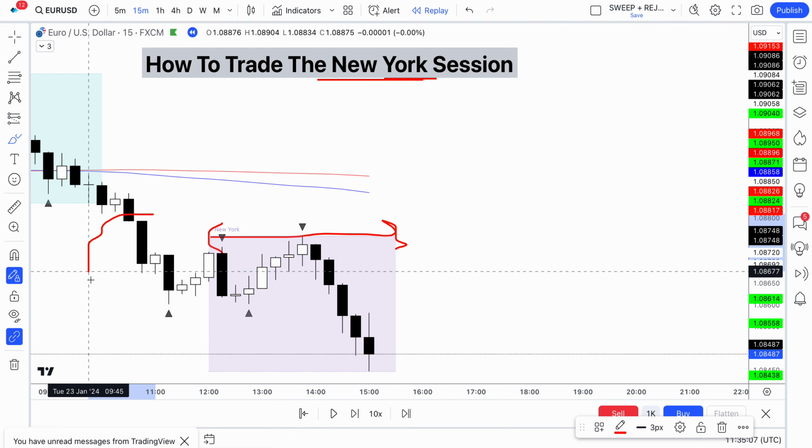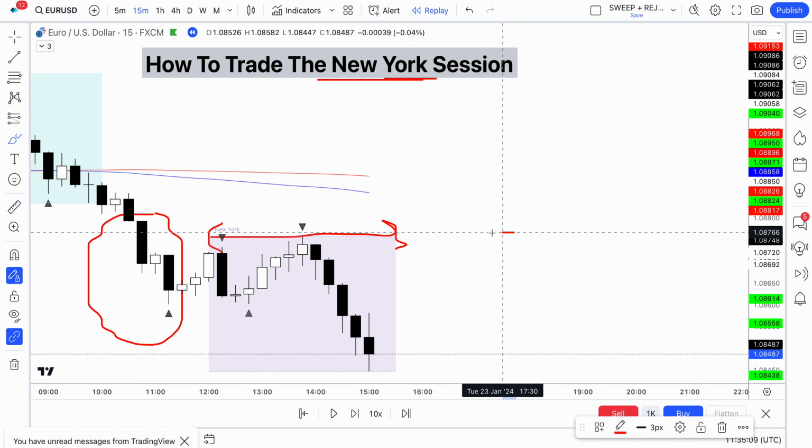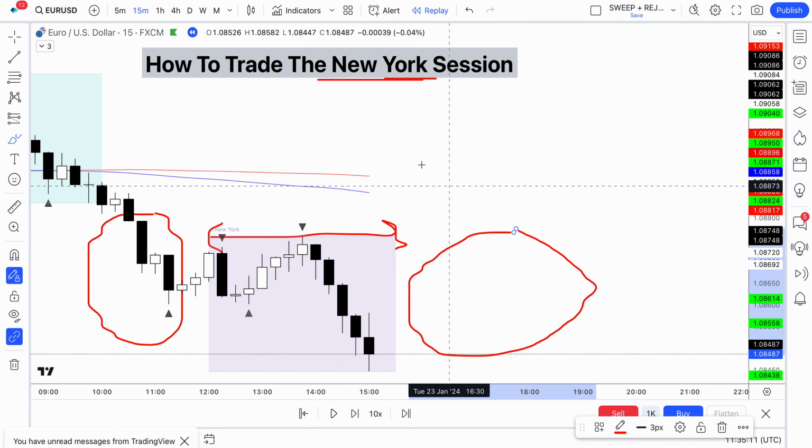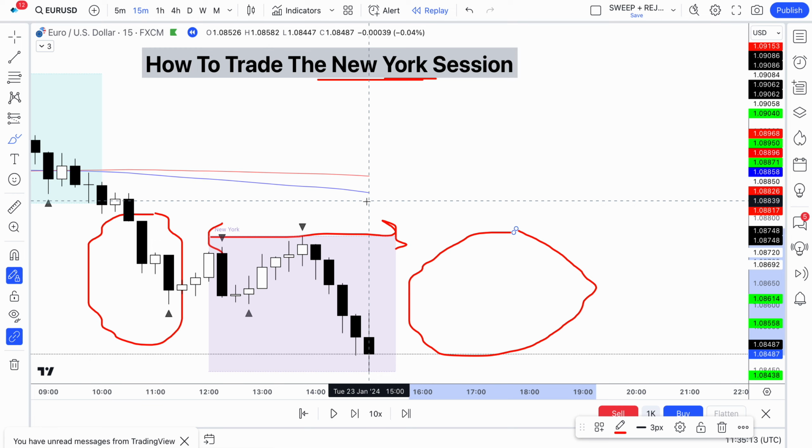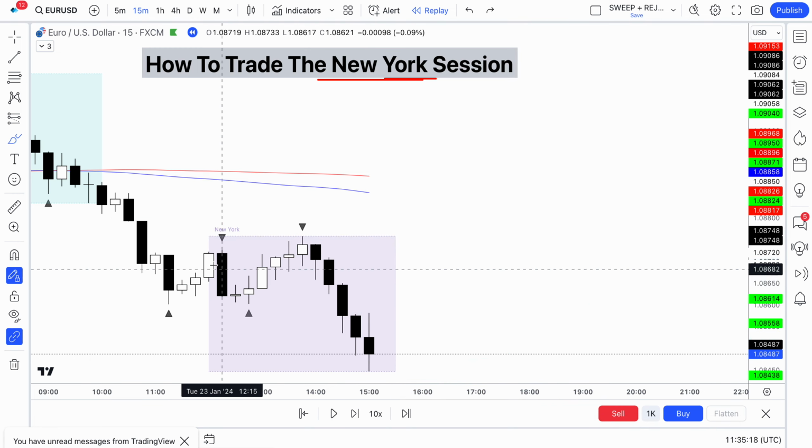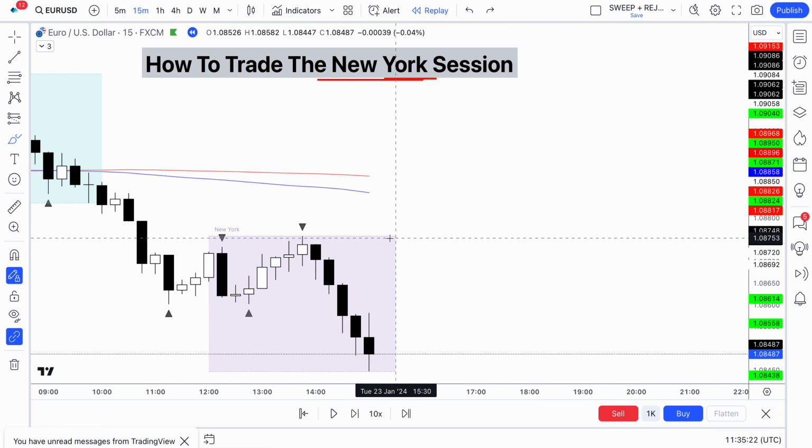If price is outside of this window, for example here or here, then I'm not looking at executing in the markets. The reason is that within this time horizon between 12 GMT and 3:30, we have the New York Stock Exchange open, and we also expect the most volume to come into the markets within that window.